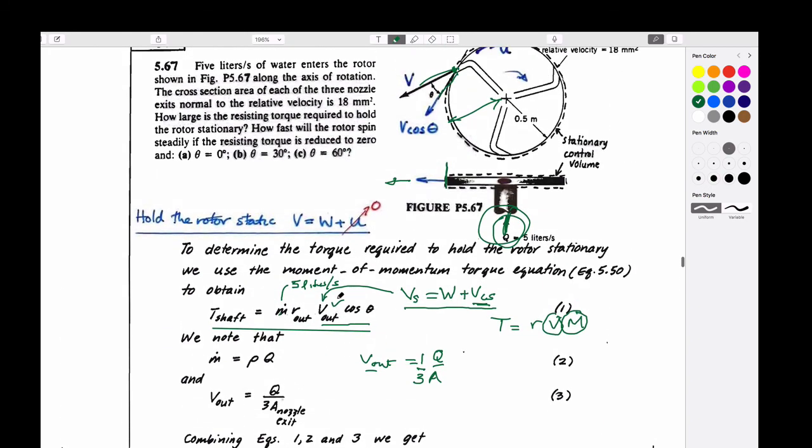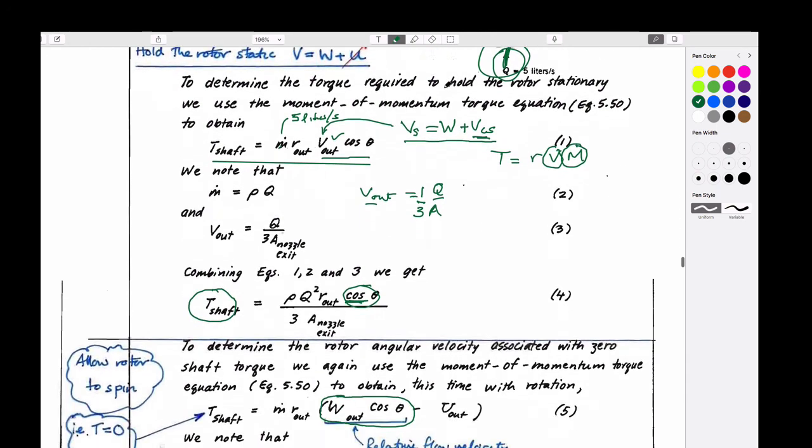It's coming out at some angle, but relative to the tangential direction, it has some angle. So V cosine theta: it comes out at this velocity W, and so W cosine theta would be the component that's tangential to the circle.